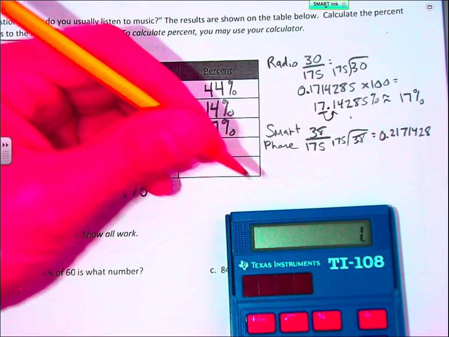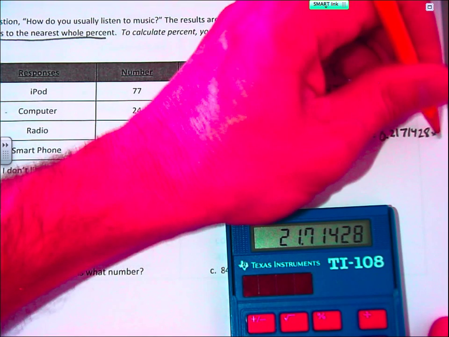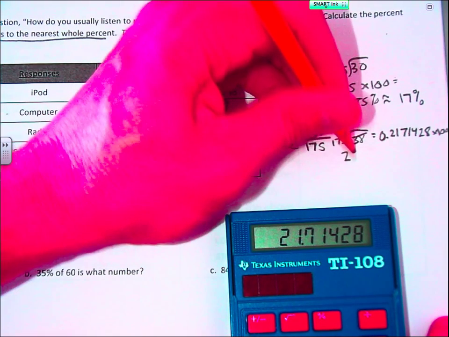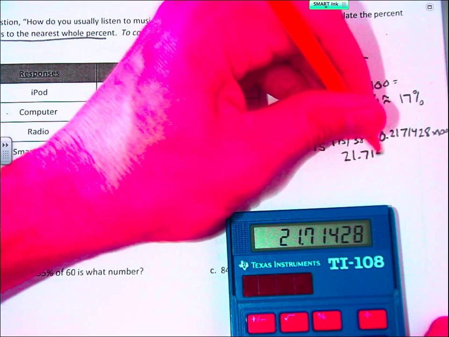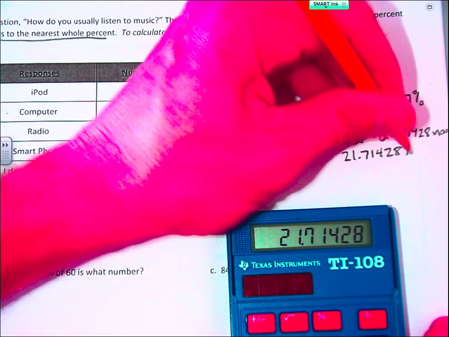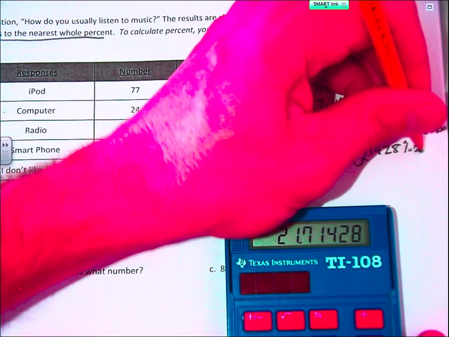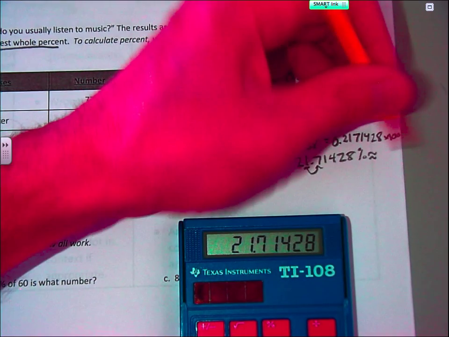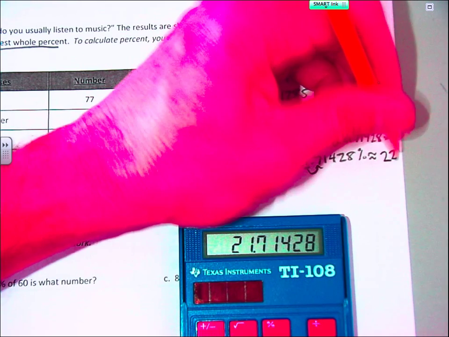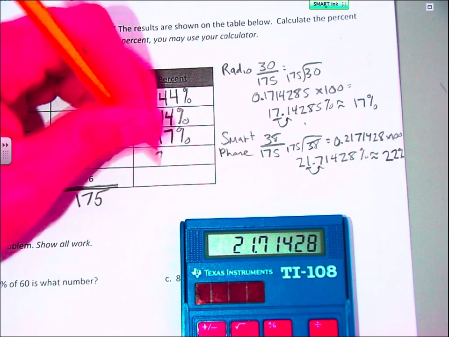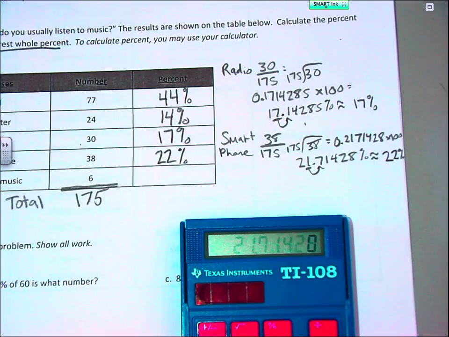I times it by 100 to turn the decimal into a percent. I round it to the nearest whole percent. Put the little squiggly lines because that means about. And then I write in 22%.